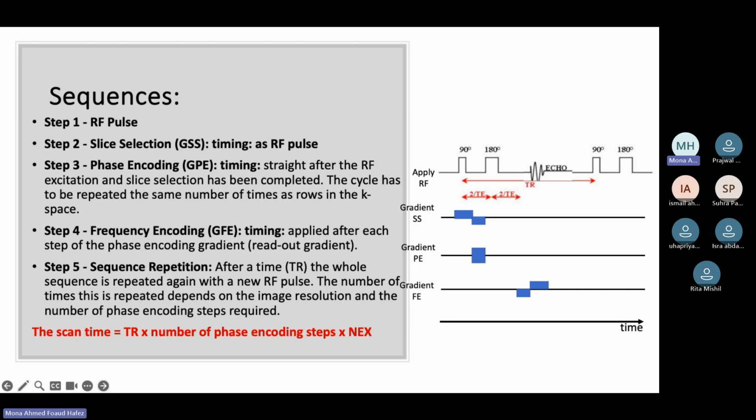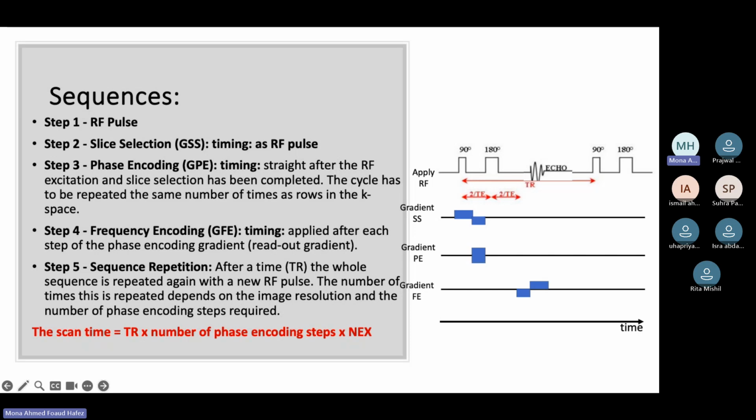For the gradient sequence, we need the slice selection gradient, then the phase encoding gradient just after it. Then after each phase encoding, repeated according to the number of rows in the K-space, we apply a frequency encoding, which is the readout gradient, occurring at the same time as the echo time. After that, we start the sequence again.